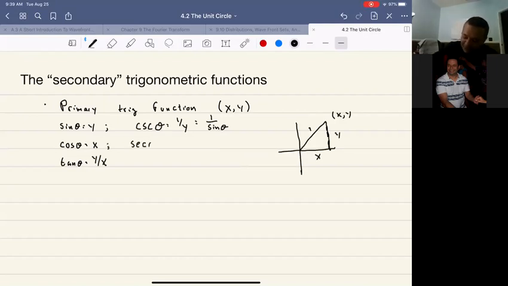Secant of theta is the reciprocal of cosine. And cotangent of theta is the reciprocal of tangent.